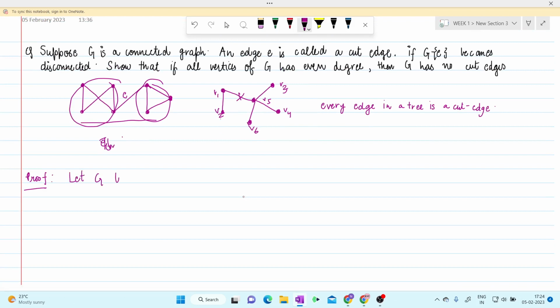Let G be a graph and let the degree of each vertex of G be even. Then we have to show G has no cut edge.